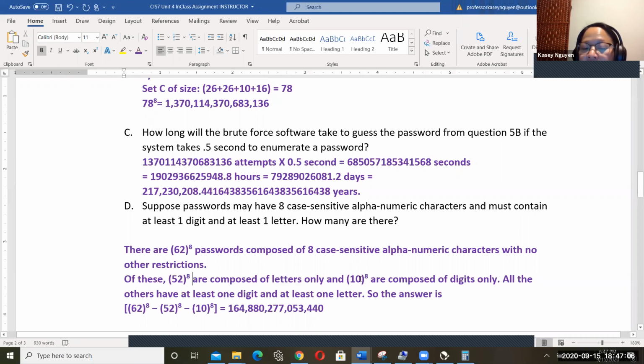Then we would have 10 to the 8th, which are digits only. So we would have 62 to the 8th power minus 52 to the 8th power minus 10 to the 8th power. And here is your result.